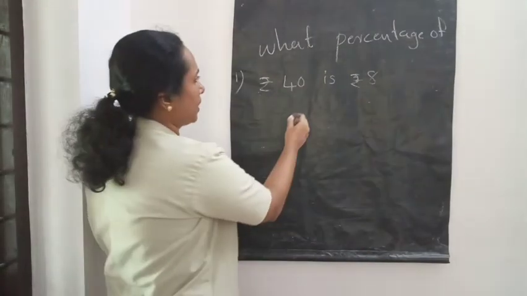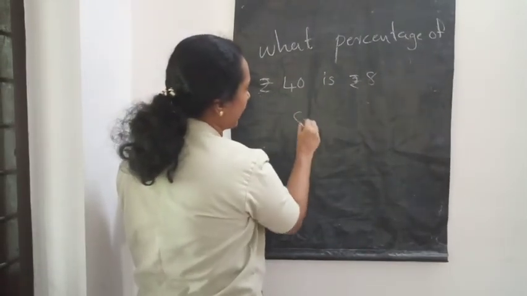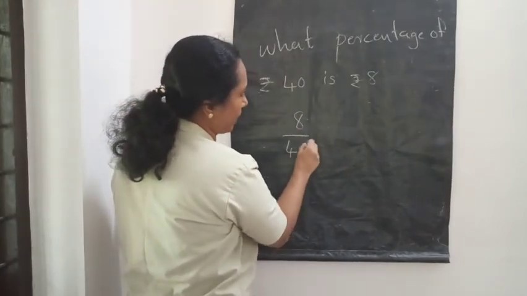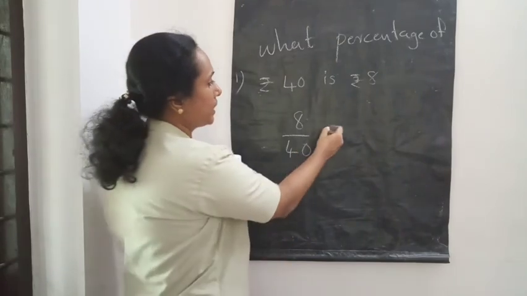Then the given quantity is 8, that is the numerator. Then the total quantity, that is 40, is the denominator. Then multiply this fraction with 100.